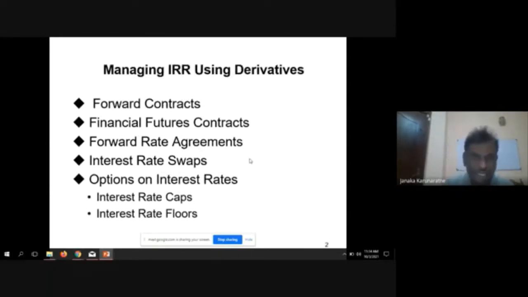So in this particular session, we are going to look at different derivative instruments which we use to manage interest rate risk: forward contracts, financial futures contracts, forward rate agreements, interest rate swaps, and options on interest rates, such as interest rate caps and interest rate floors.